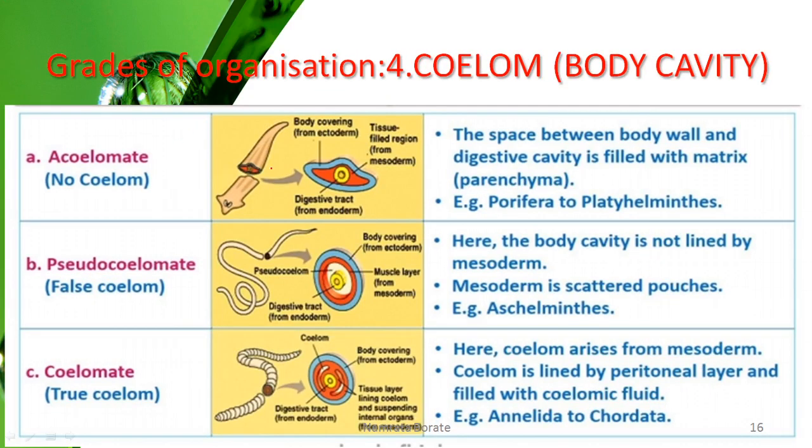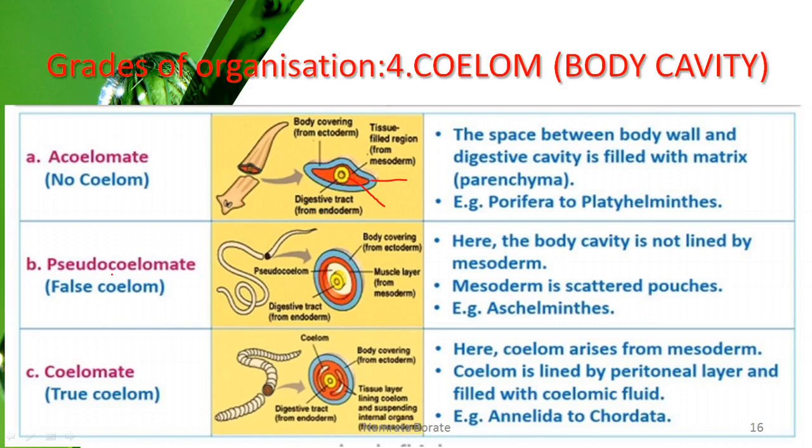As in the coelom, you can see here this organism shows the absence of the coelom, which is called the acoelomate. The space present between the body wall and the digestive tract is filled with the matrix, the parenchyma.